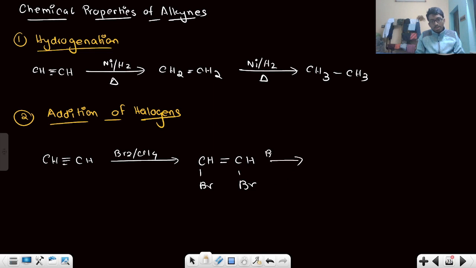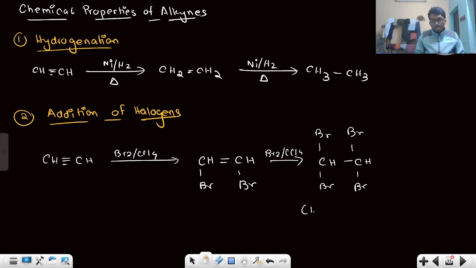And again the reaction will continue because one more bond can be broken. So it will ultimately form CHBr2 single bond CHBr2, 1,1,2,2-tetrabromoethane. Clear or not clear? So this is going to be the final product formed.